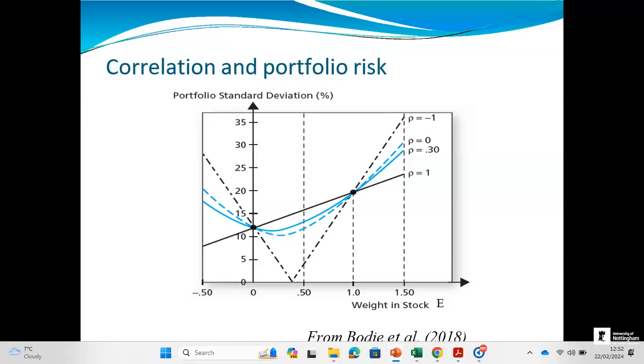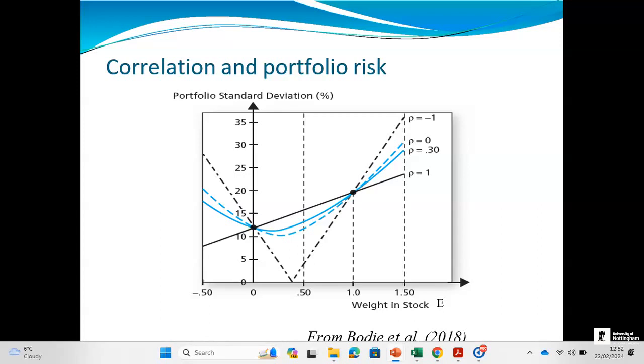Okay. On the other hand, I could put everything in stock E, where weight of stock E equals 1, and that would be the standard deviation of the portfolio in this case. But essentially, it's not a portfolio because I have put everything in stock E. So for the purposes of this example, if I call it a portfolio, it means the portfolio risk will be equal to the risk of stock E. Right. So you can see there's a straight line. Okay.